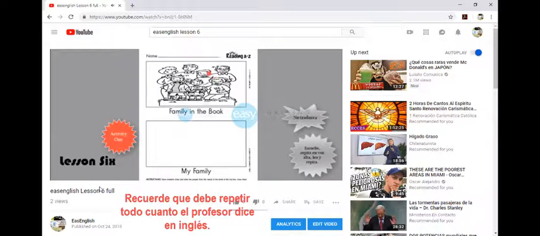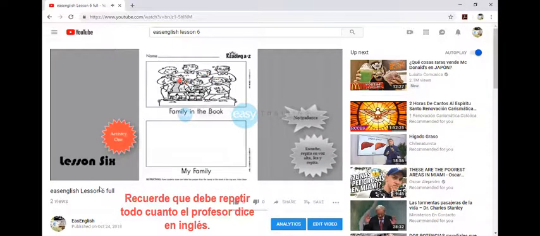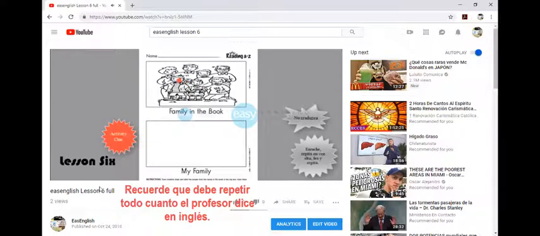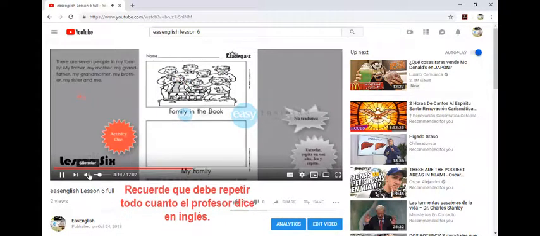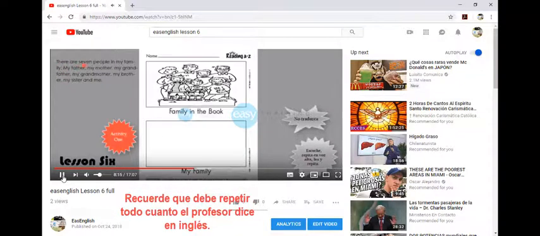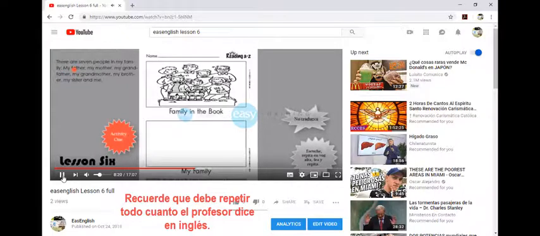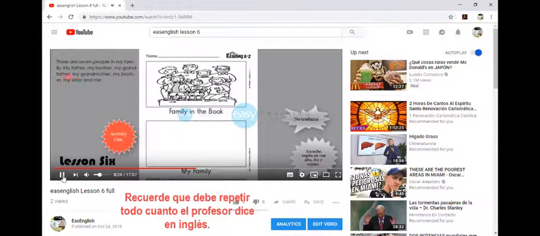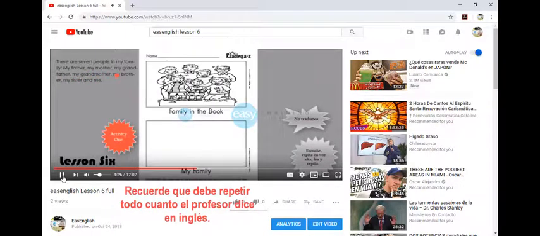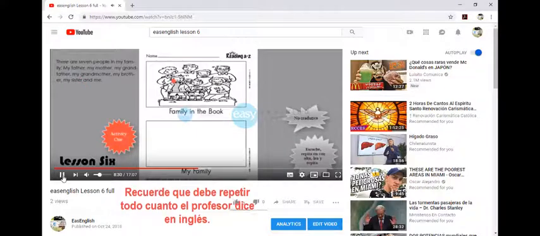My grandmother, my brother, my sister, and me. Voy a escribirlo. Here you are. There are 7 people in my family. My father, my mother, my grandfather, my grandmother, my brother, my sister, and me.